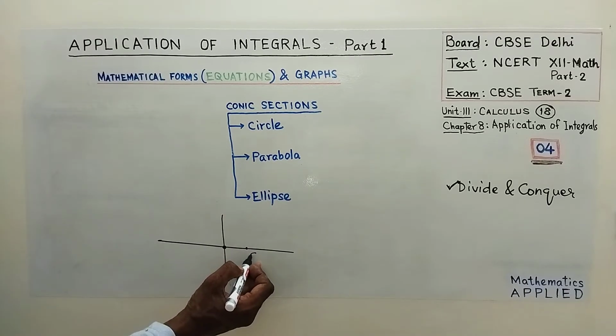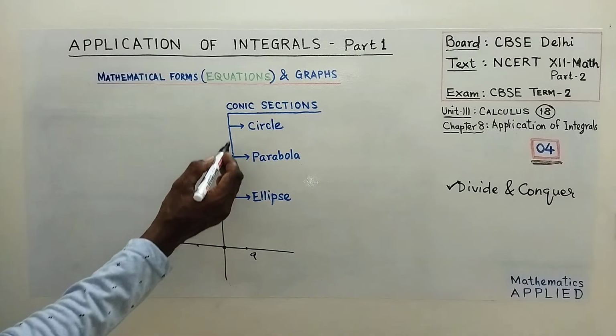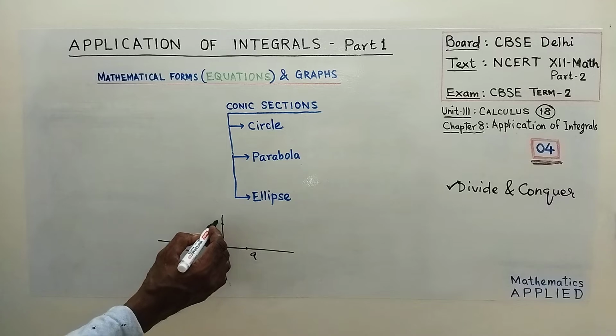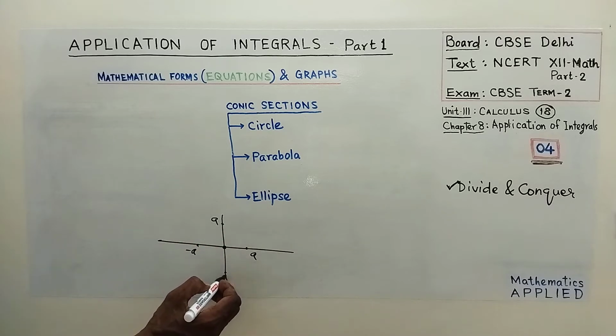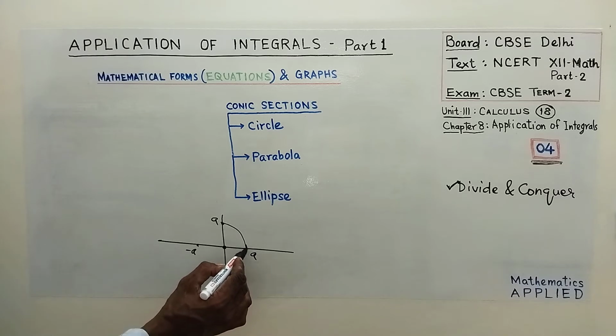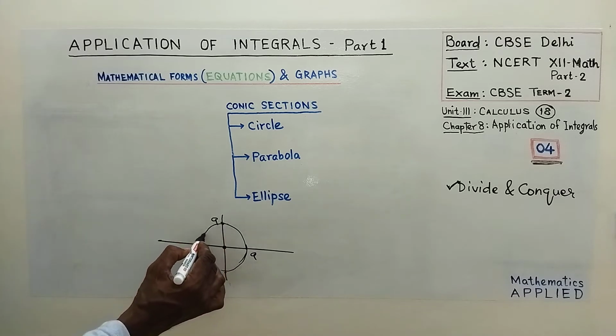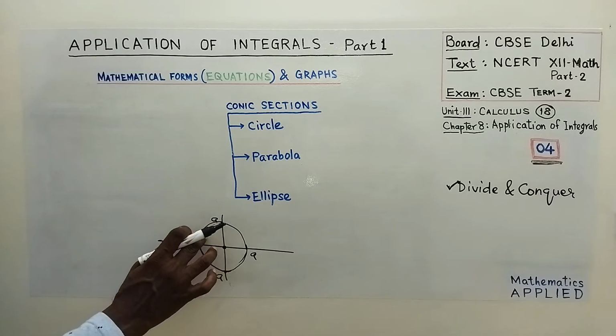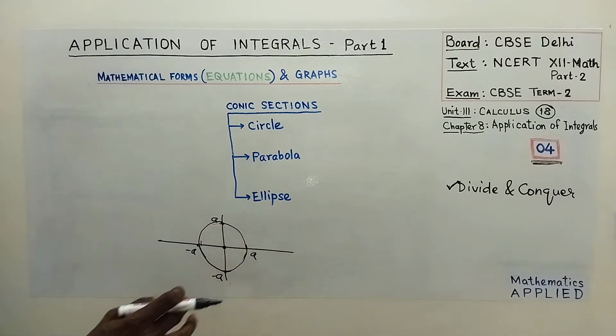Let us understand that. If you take a circle of radius a, then this side will be minus a, this side it is going to be a, this side again minus a. You can just connect them, and you can draw this with your free hand, or use a compass.